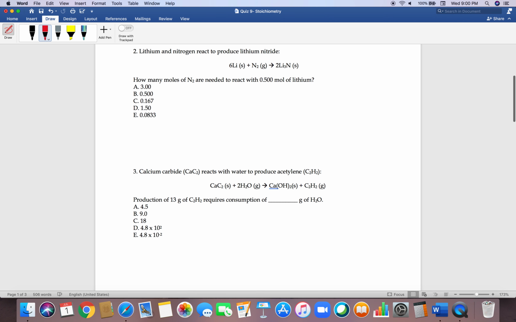Number 2, now getting started with the stoichiometry, asks us how many moles of nitrogen gas are needed to react with 0.5 moles of lithium. So let's make sure our equation is balanced, and it is, so always make sure your equation is balanced. So we're given 0.5 moles of lithium. It's lithium metal, it's a solid. And we know that we need to establish a mole ratio here to get the moles of nitrogen gas.